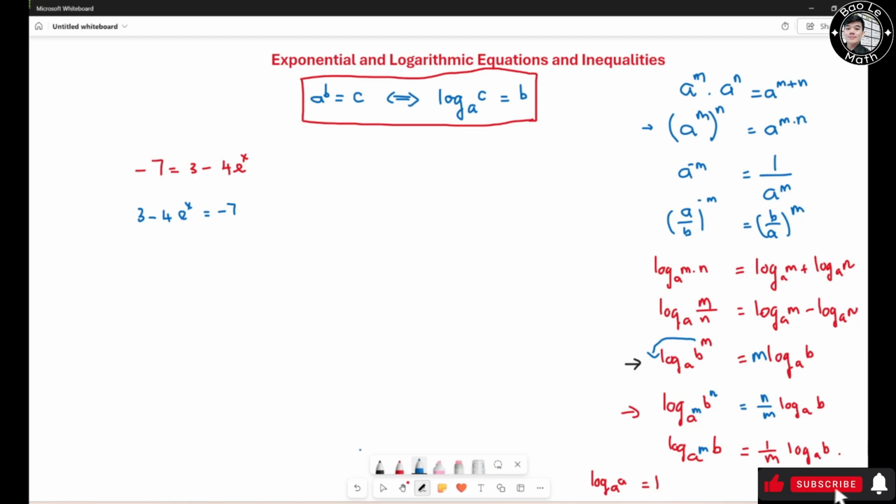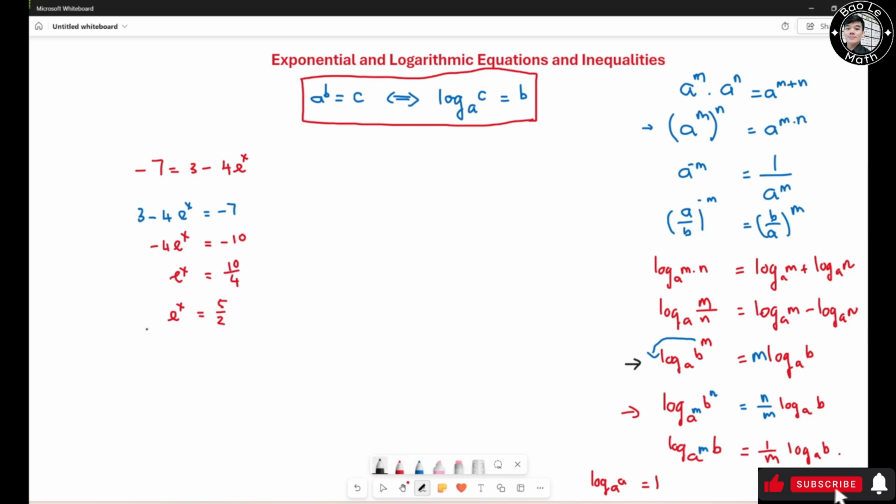So the first thing I need to do is subtract 3 from both sides. So it will be negative 4 times e to the s equals negative 10. And then divide both sides by negative 4. So e to the s is 10 over 4. So e to the s equals 5 over 2, right?